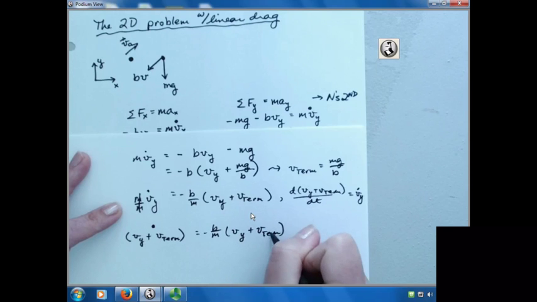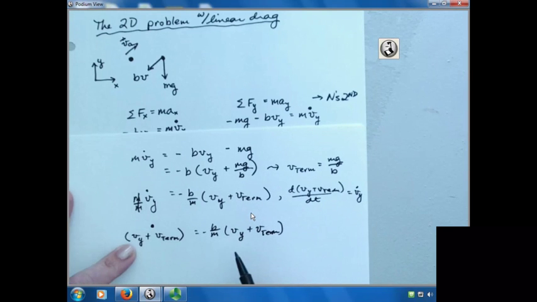Great. So now I can look at this and say I know what vy plus v term as a function must be equal to: some constant times e to the minus b over m times time, plus a second constant. When I see a derivative like this, the only function that does it is e to the this thing times time.